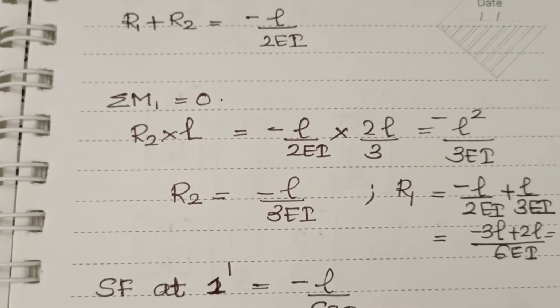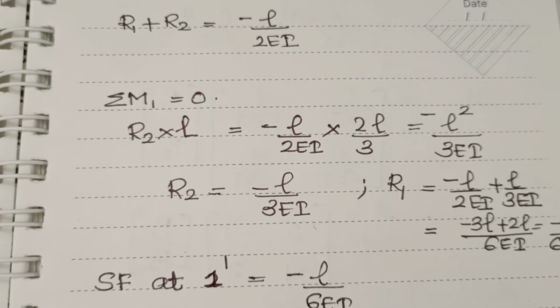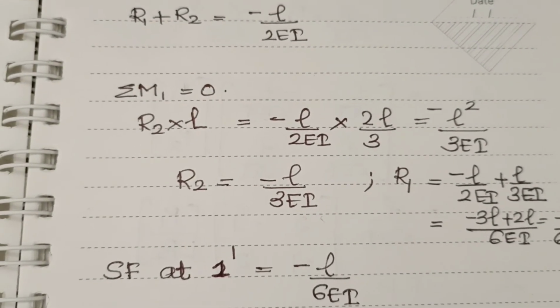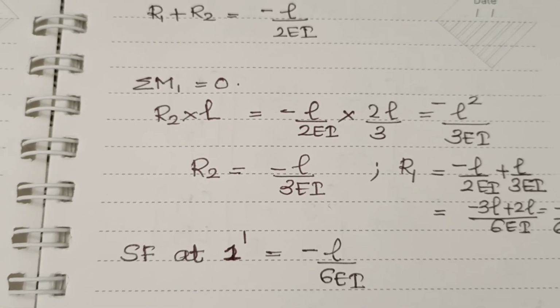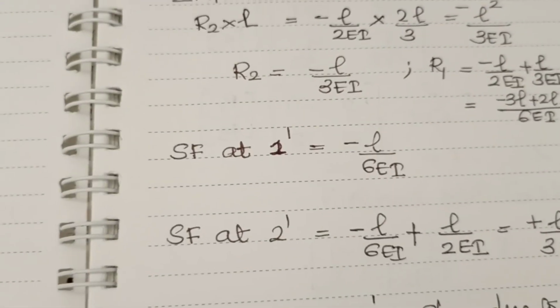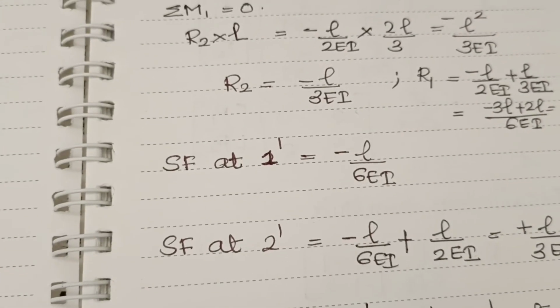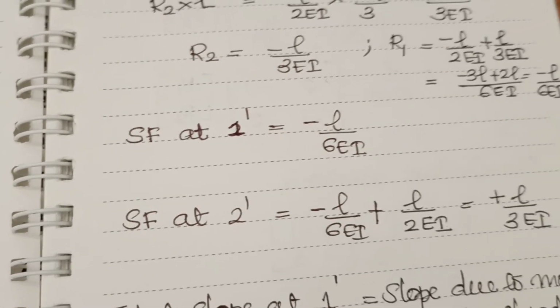Then taking moment from the first point by considering equilibrium, sigma M1 is equal to 0. What we get is R2 is equal to minus of L by 3EI and R1 is equal to minus of L by 6EI.